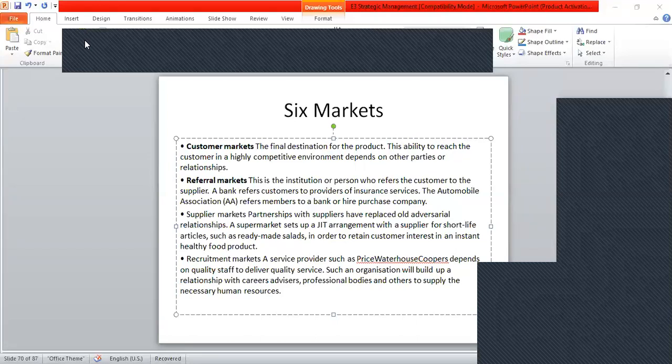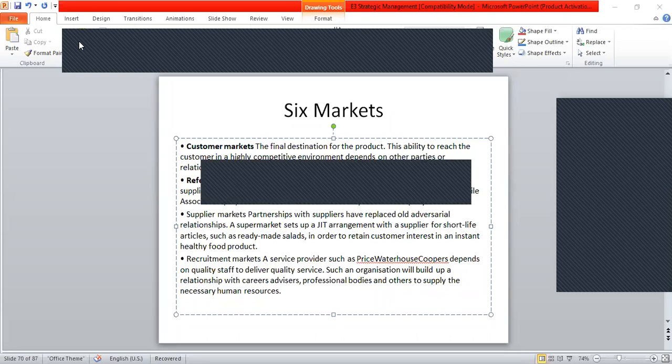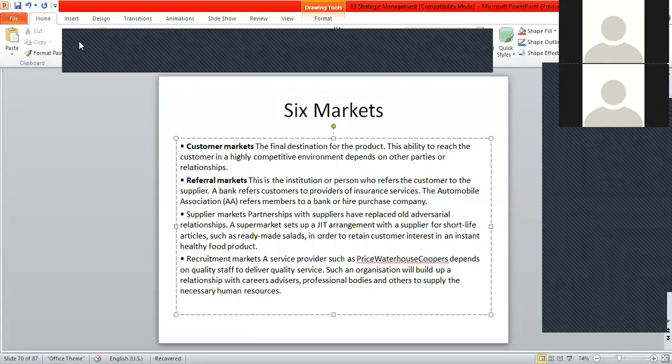Okay. Then we have supplier markets. Then the next one we have is suppliers market.